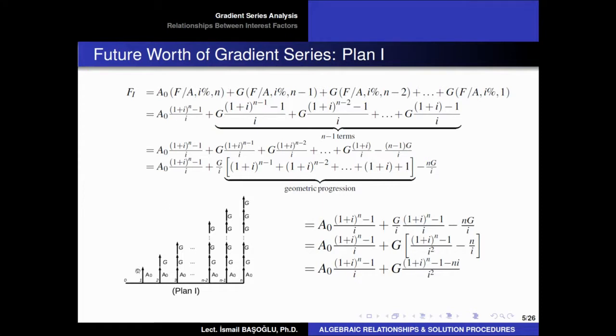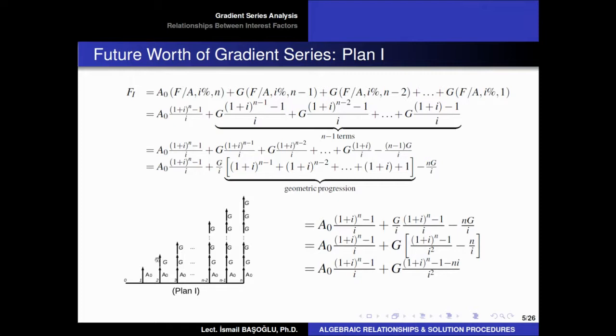First of all, we are going to decompose this gradient series into two parts. The base part, A0, already conforms to a uniform series property, right? And the remaining parts are going to be decomposed as well.